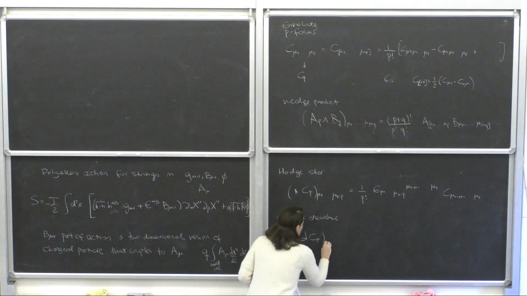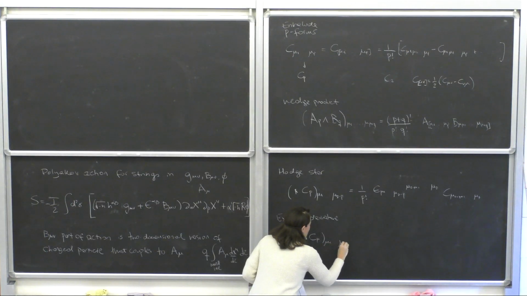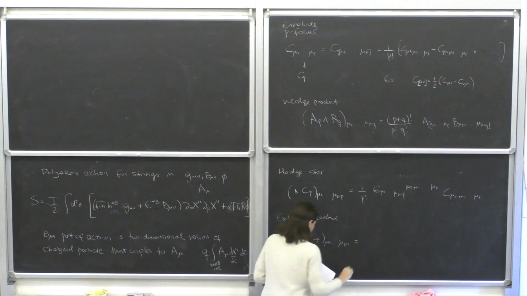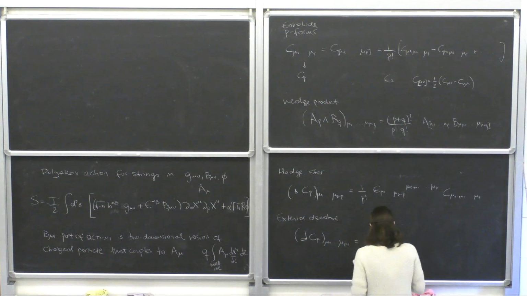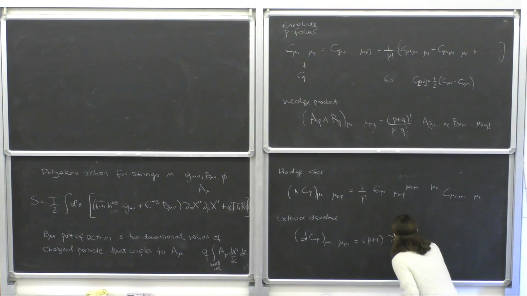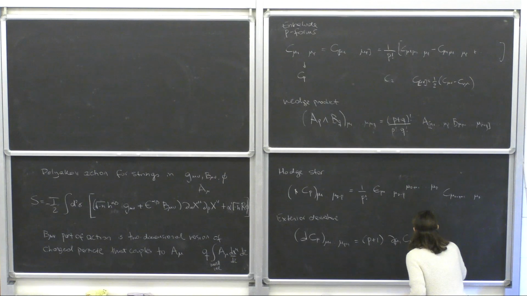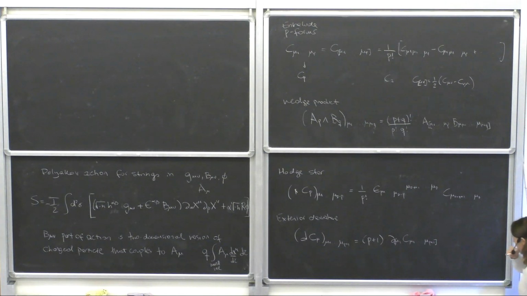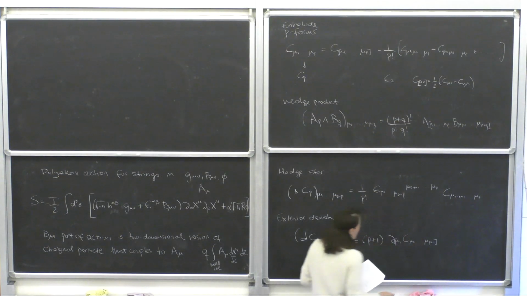And the components mu1 to mu p plus 1 is the p plus 1, not factorial, but just p plus 1, and what I have to do is a totally antisymmetric derivative of C mu2 to mu p plus 1. So I take the derivative and I antisymmetrize the index of the derivative with the indices of C.